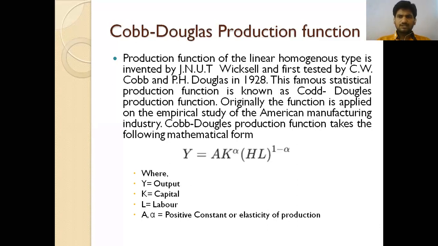What are the terminologies here? Y is the output. Generally, we can write Y equals f of x, but here we write it in a different form, Y equals A K^alpha L^(1-alpha). Y is the output, K is the capital, L is the labor, and A and alpha are positive constants. That alpha is the elasticity of production.